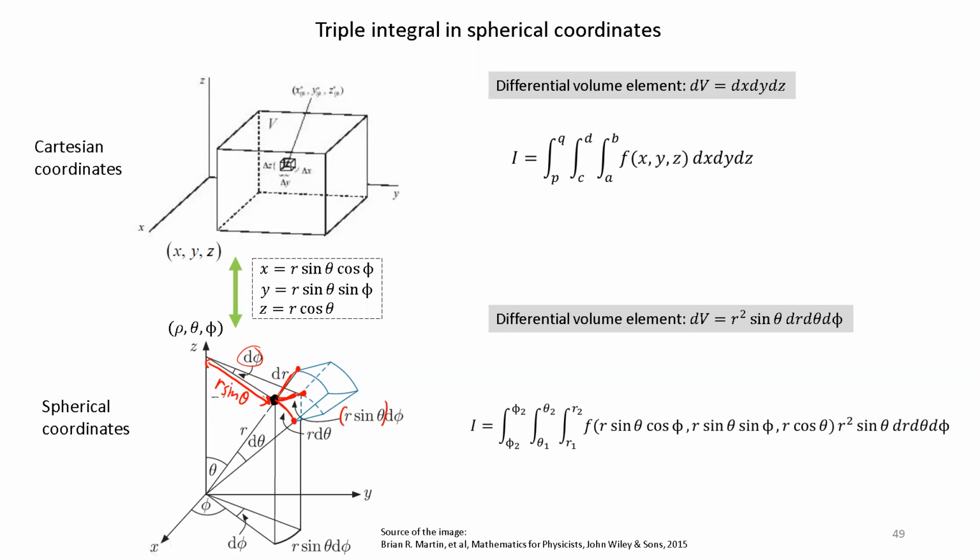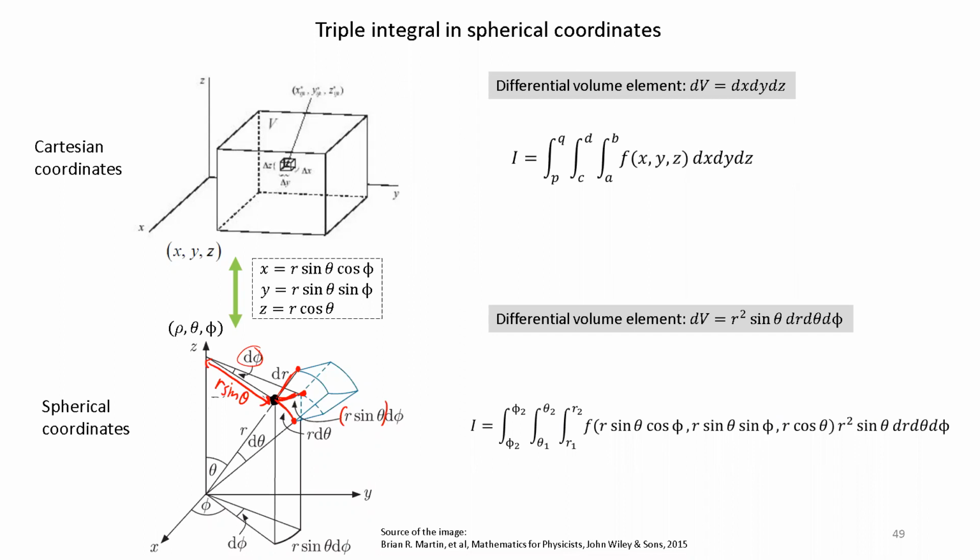So now you form 3 lines, and basically these 3 lines give me the 3 dimensions or the 3 edges of the differential volume element.